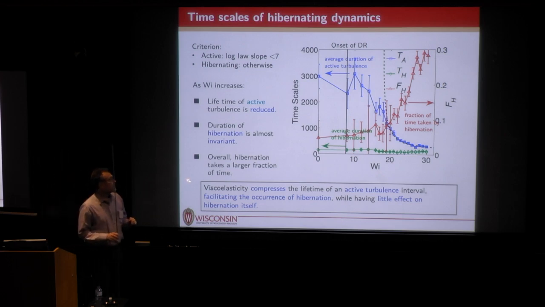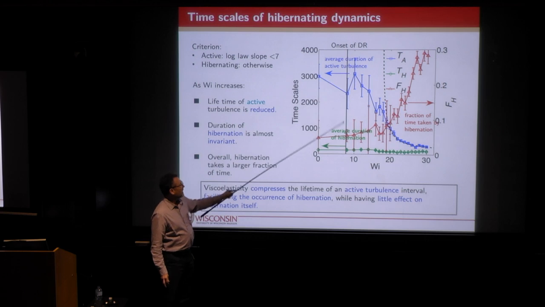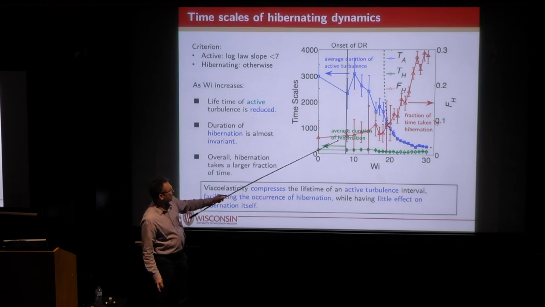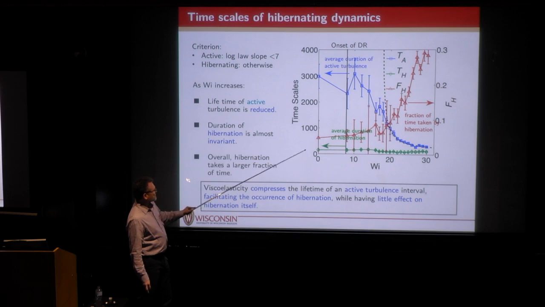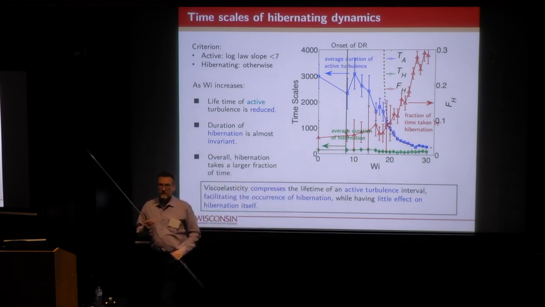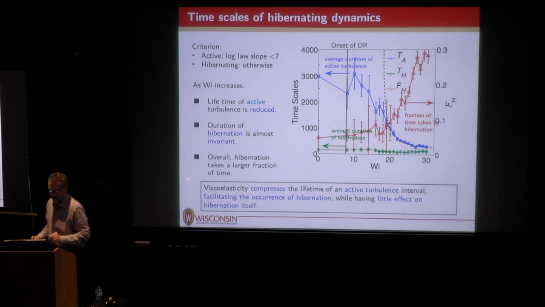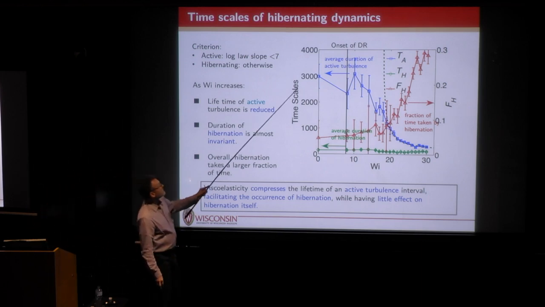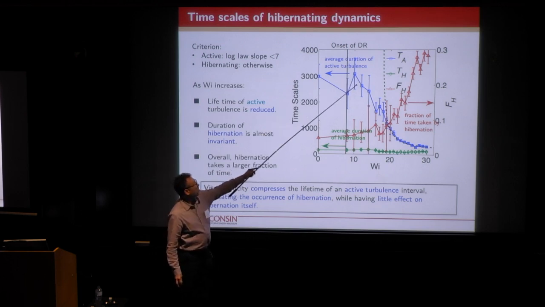What's interesting here is if you look at the duration of these active intervals and the duration of these hibernating intervals as a function of Weissenberg number, very little happens to the hibernating intervals up to a Weissenberg number of, say, 30. Whereas the active intervals, very little happens to them until the Weissenberg number is 10 or so.